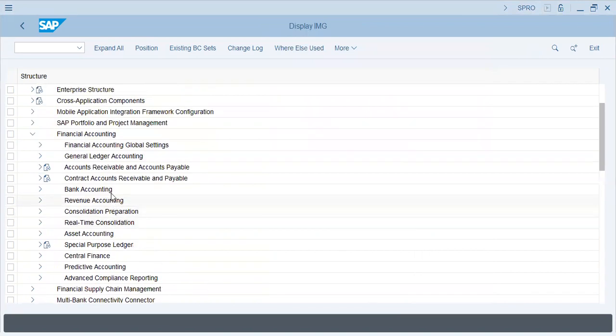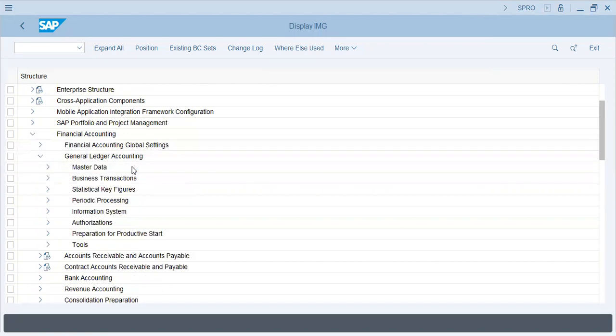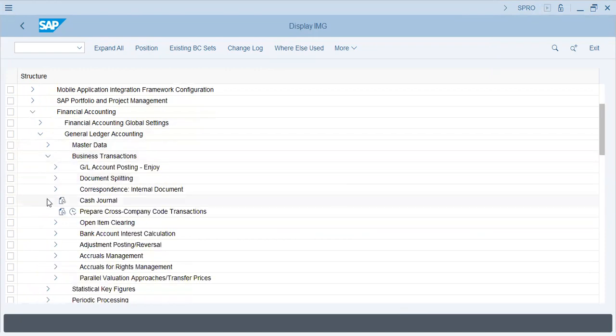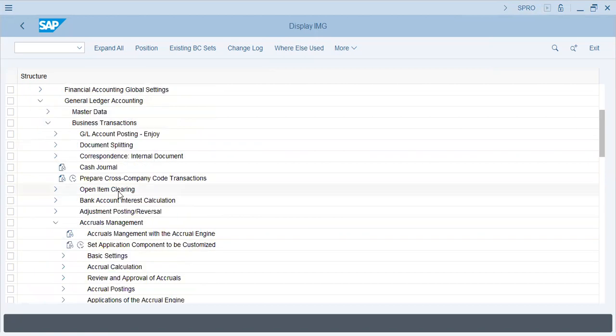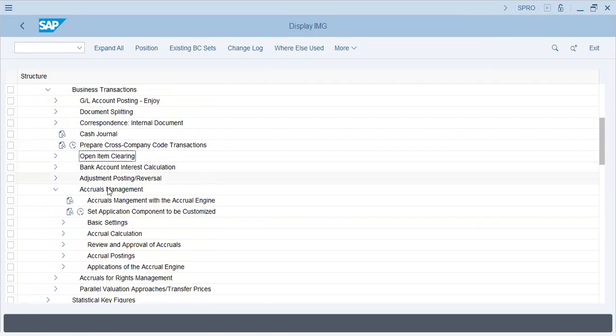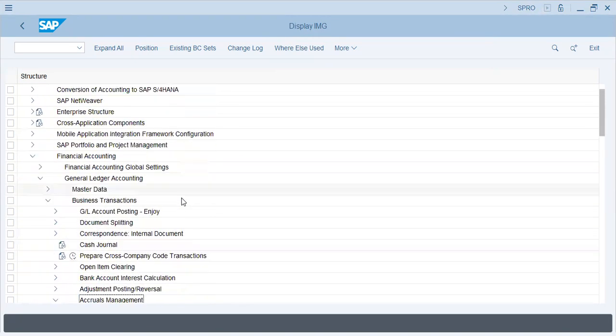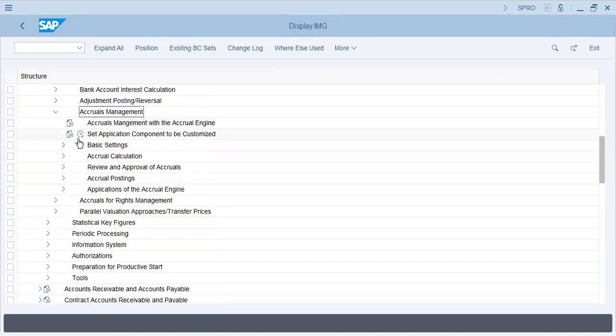Accrual engine. Accrual. General ledger accounting. Accruals management. Set application component to be customized.